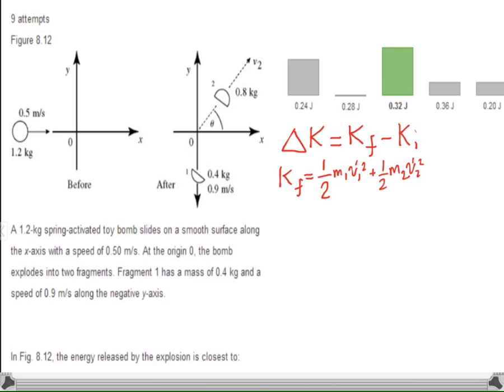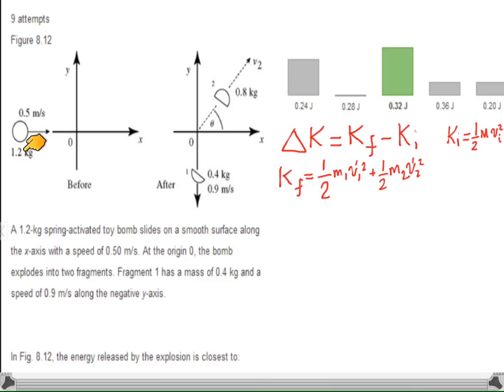And what is Ki? Ki is equal to 1/2 the total mass times the initial velocity, Vi squared. The initial velocity is given as 0.5 meter per second, and the total mass of the object is 1.2 kilograms.